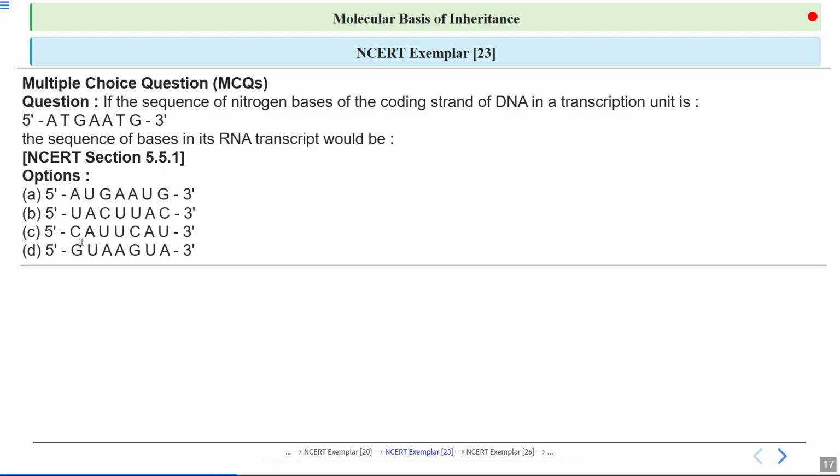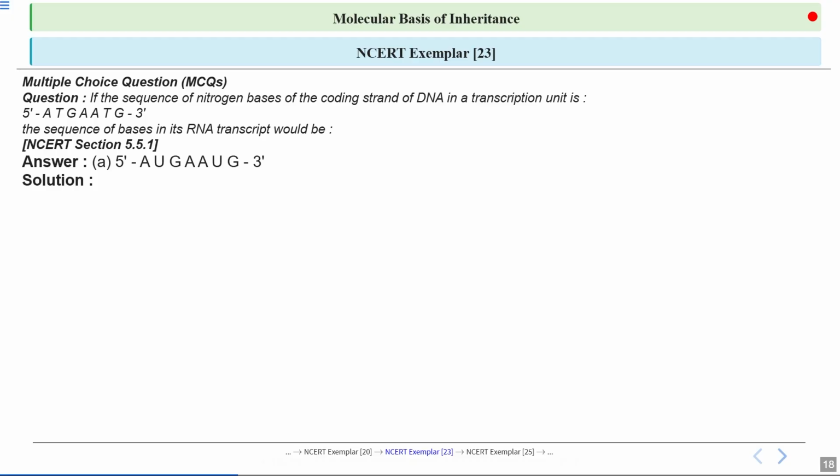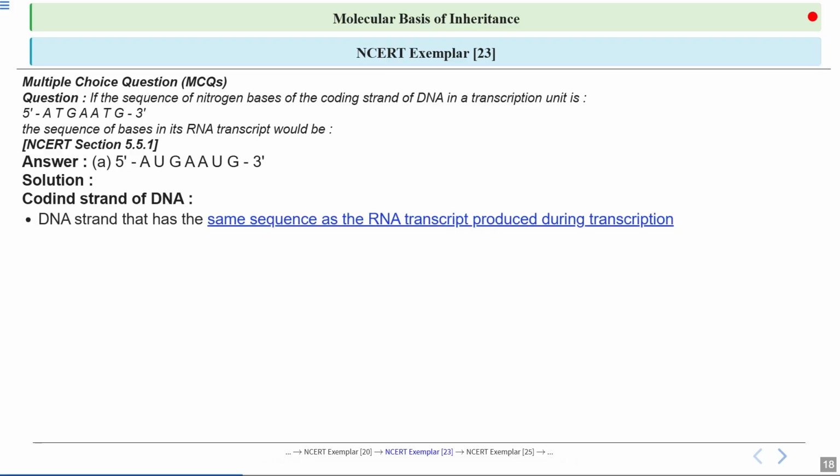So let's have a look at the answer. See, option number A is the correct answer here. So what is happening? Remember this. The coding strand of the DNA has a similar sequence to the RNA, or messenger RNA.